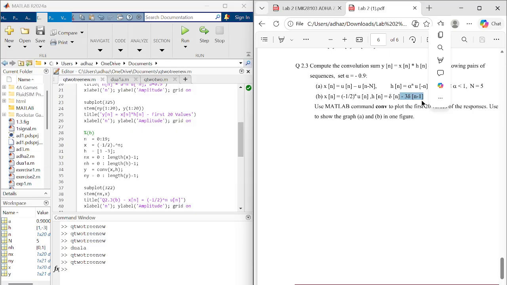So we can present this entire system response as a simple vector, 1 and negative 3. This is a very efficient way to handle discrete systems in MATLAB.